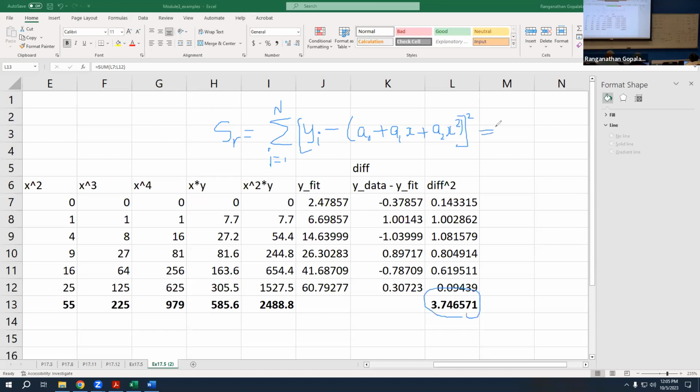It happens to be 3.7466. This is your SR. Okay. We need SR. That's why I'm making a big deal about calculating it. We are going to use it in the next step to estimate the quality of this fit.